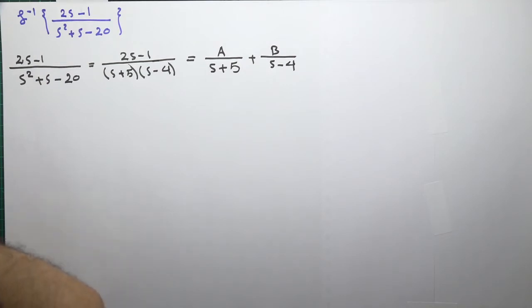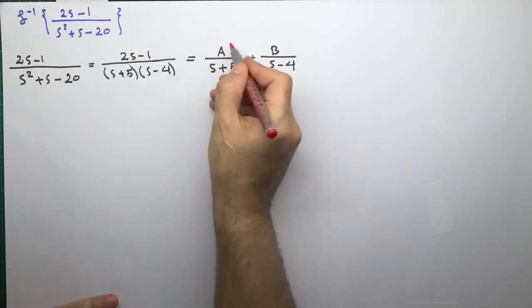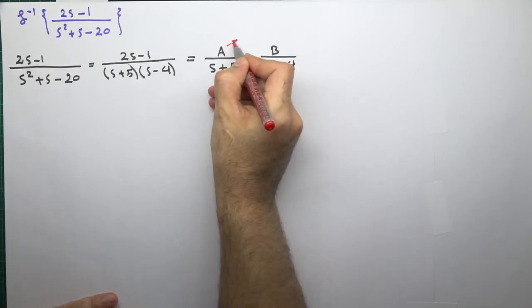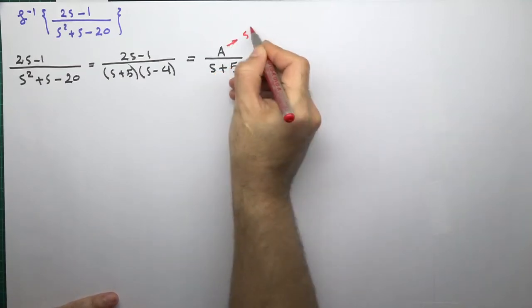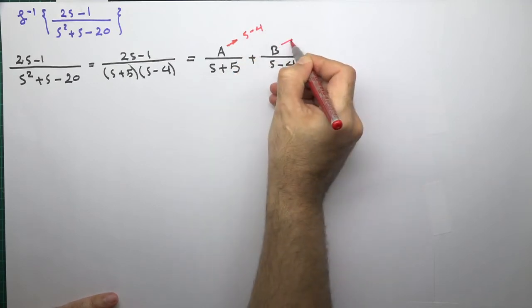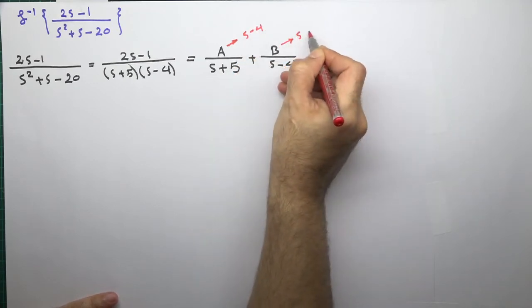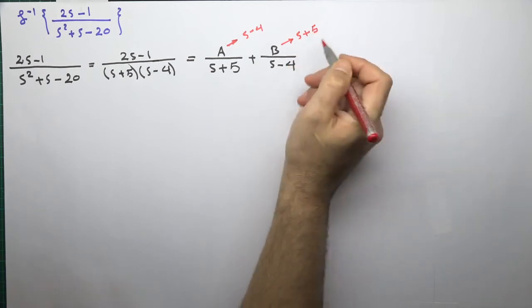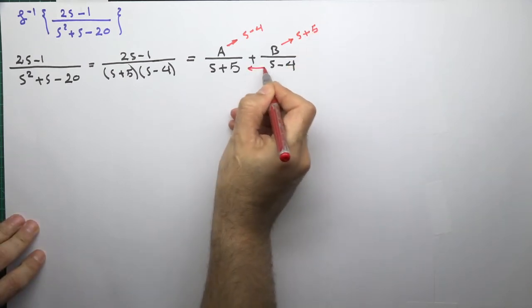Then we have to common denominator or unify the denominators. So I will multiply this by s minus 4. I will multiply this by s plus 5, and we can multiply the denominators by each other.